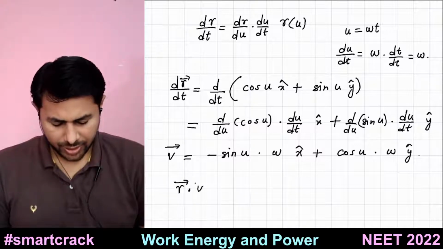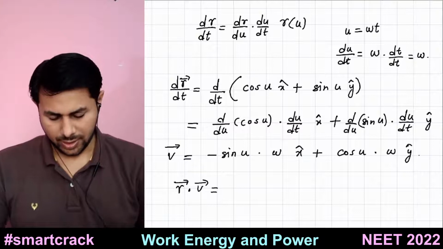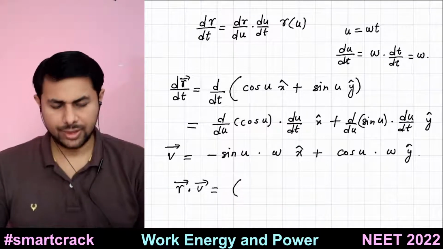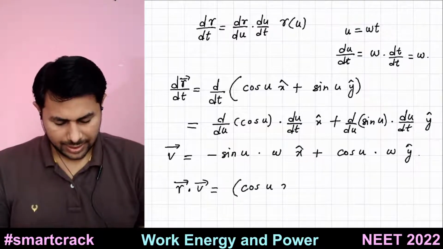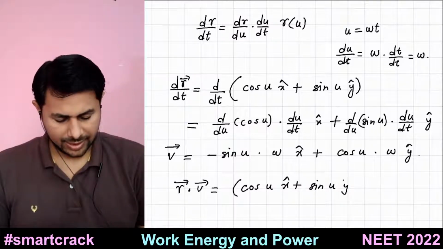So you take the dot product of two vectors. I am taking R in terms of u, I have written it. So it is cos u times x cap plus sine u times y cap.